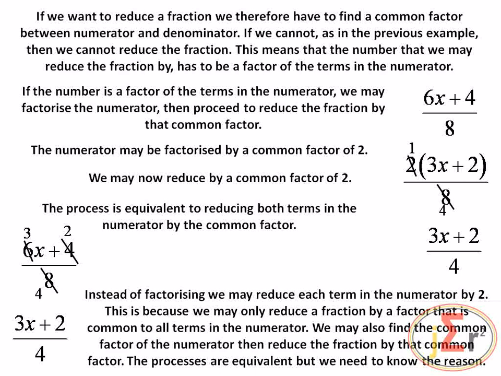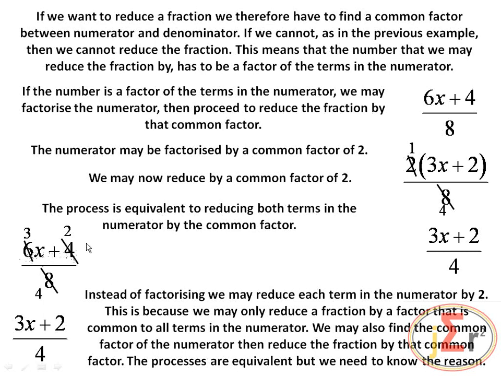Why, when we have a sum like this in the numerator and we are reducing by a common factor, do we reduce each one of the terms by the common factor? Why do we do that? We do that because in order to reduce this by a particular common factor, that number that we are using as a common factor has to be common to the two terms in the numerator.